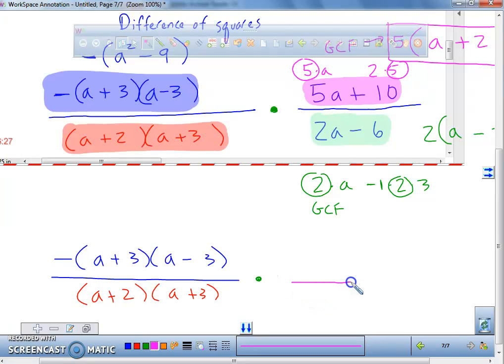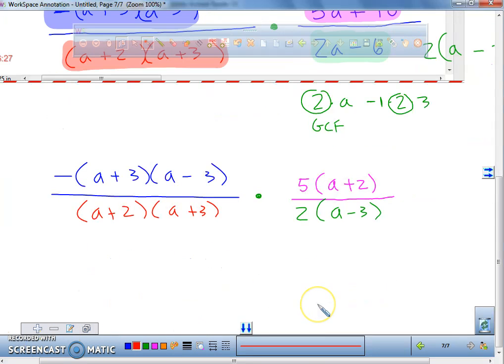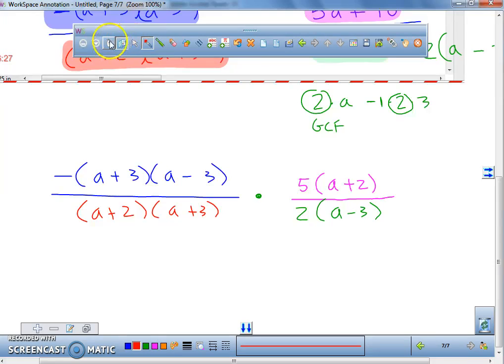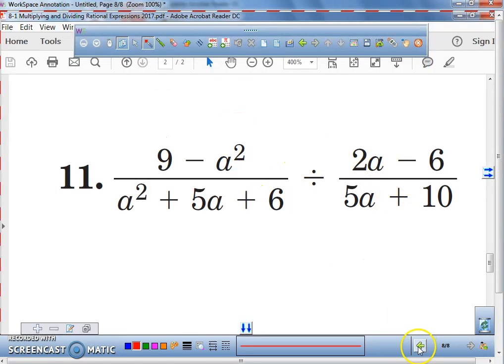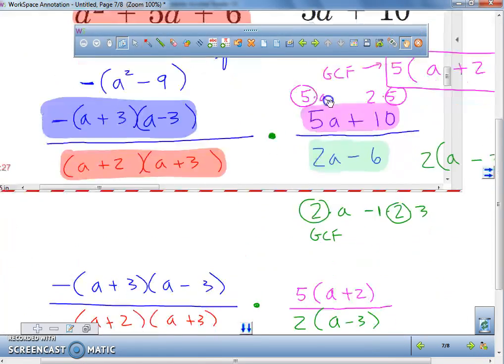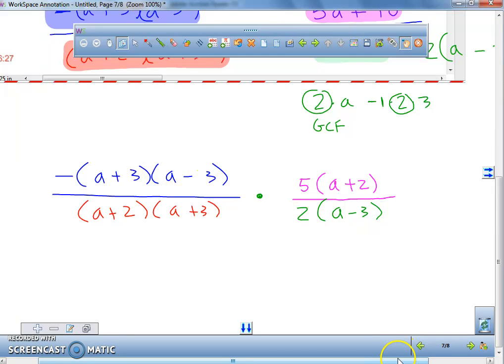In the numerator, I have a 5, open parentheses, a plus 2. And in the denominator, I have a 2, open parentheses, a minus 3. Everything at this point has been factored. Just to be clear, we've gone from this problem to what? Whole bunch of work. Everything's factored.